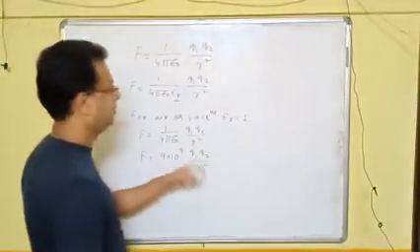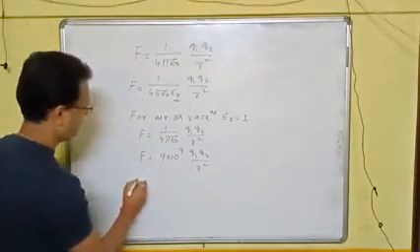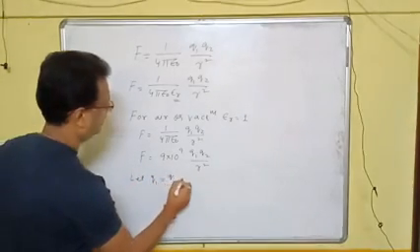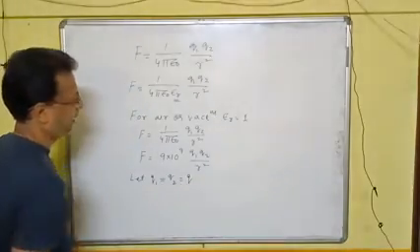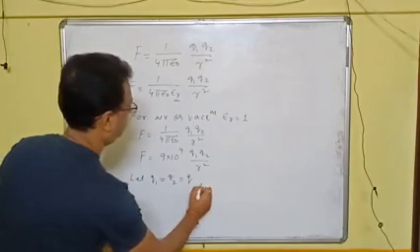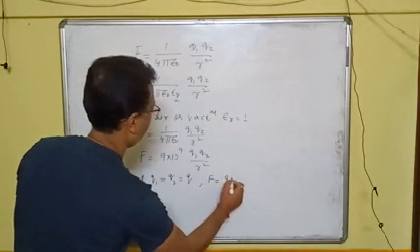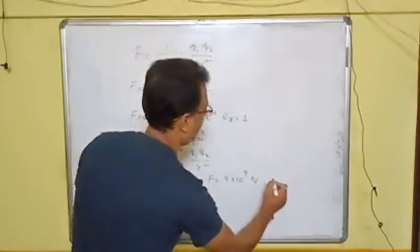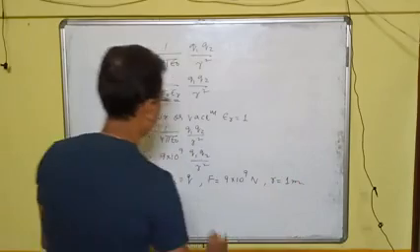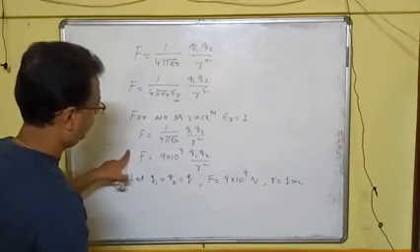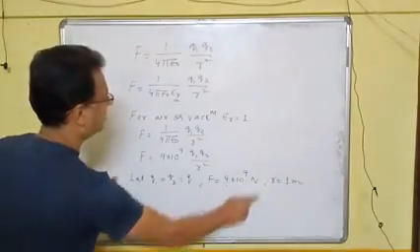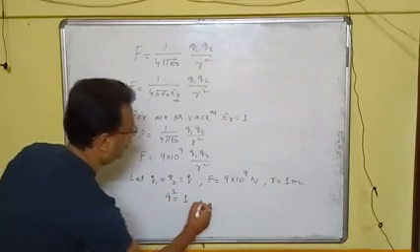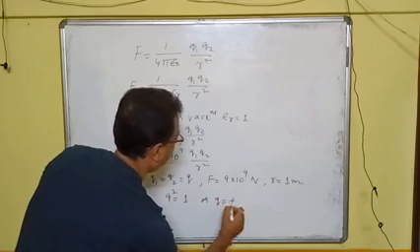Now to define the unit of charge, let Q1 be equal to Q2 be equal to Q, say, and then let us take F equals 9 into 10 to the power of 9 Newton and R equals 1 meter. If you place this force as 9 into 10 to the power of 9 and R as 1 meter, then you get Q square is equal to 1, or Q equals plus minus 1.